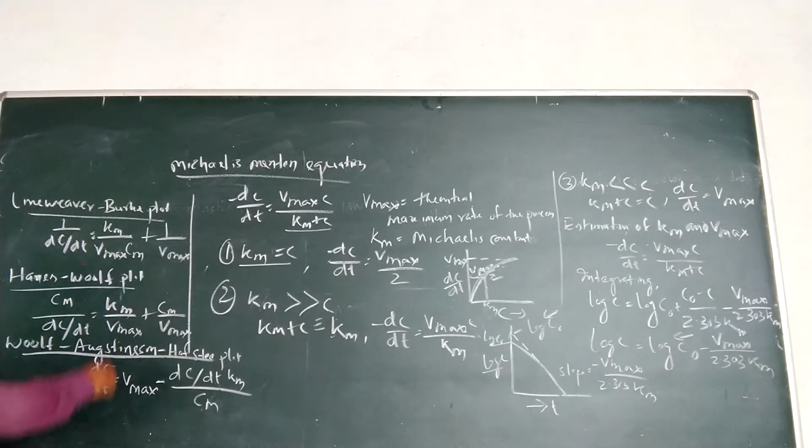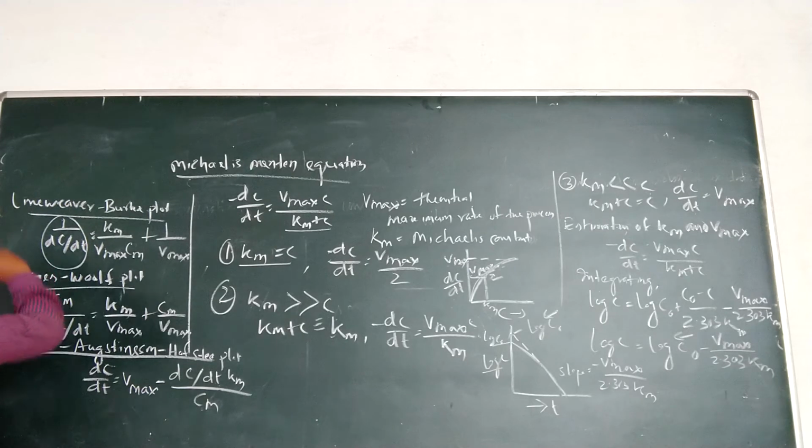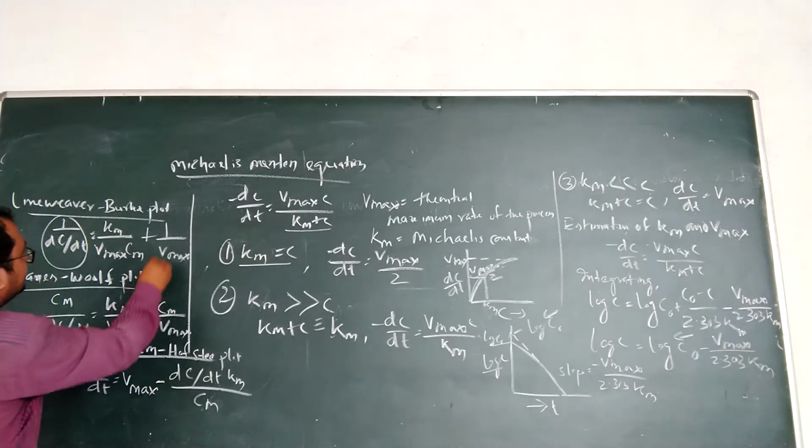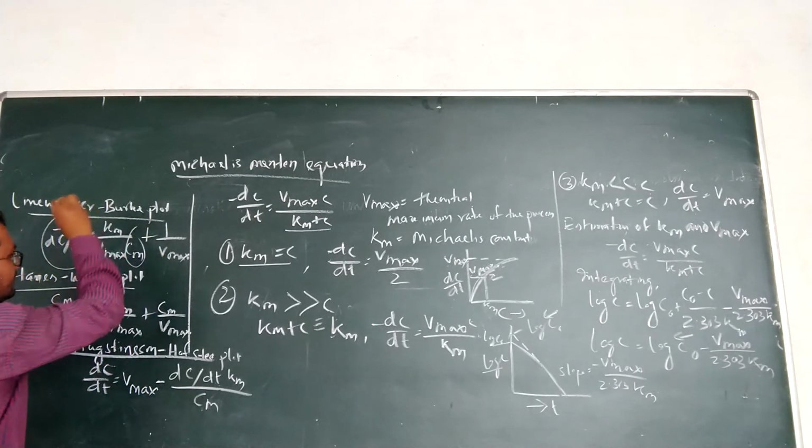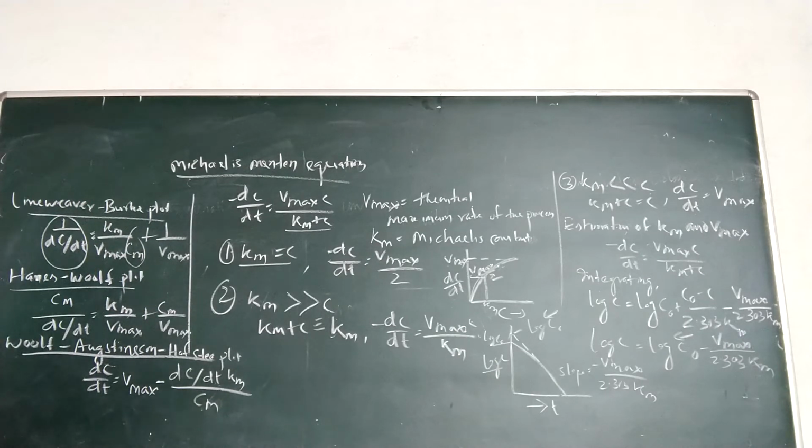By taking this parameter on the y-axis and 1 by Cm on the x-axis, we can draw the graph. Another is the Hanes equation: Cm divided by dC by dt equals Km divided by Vmax plus Cm divided by Vmax. Here also we can draw a plot to estimate the Km and Vmax values.